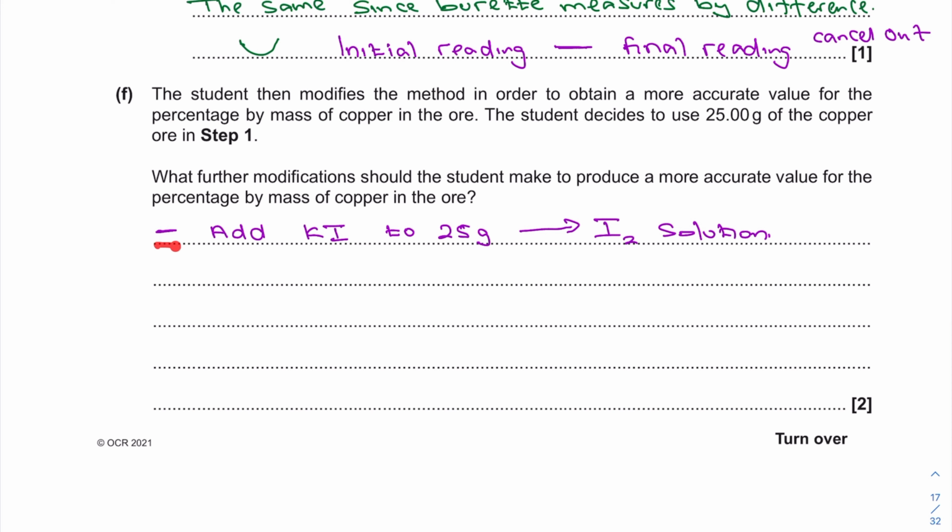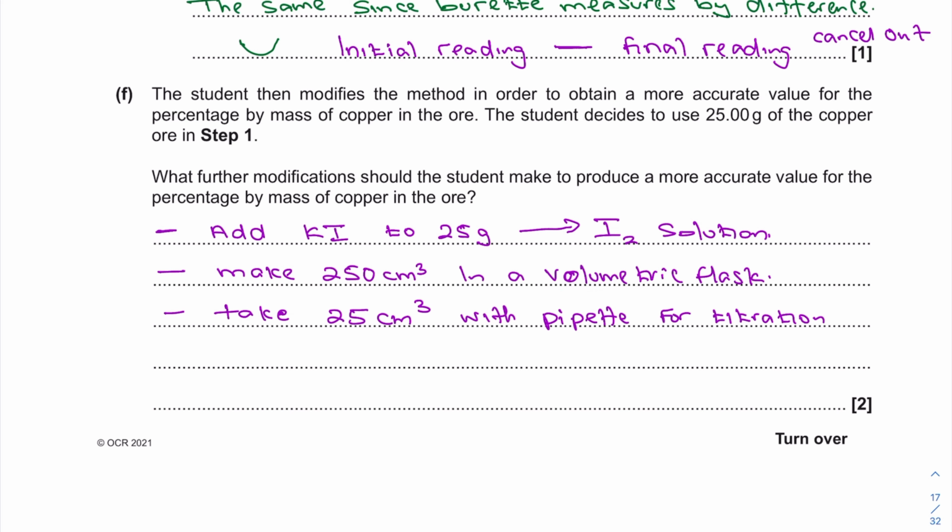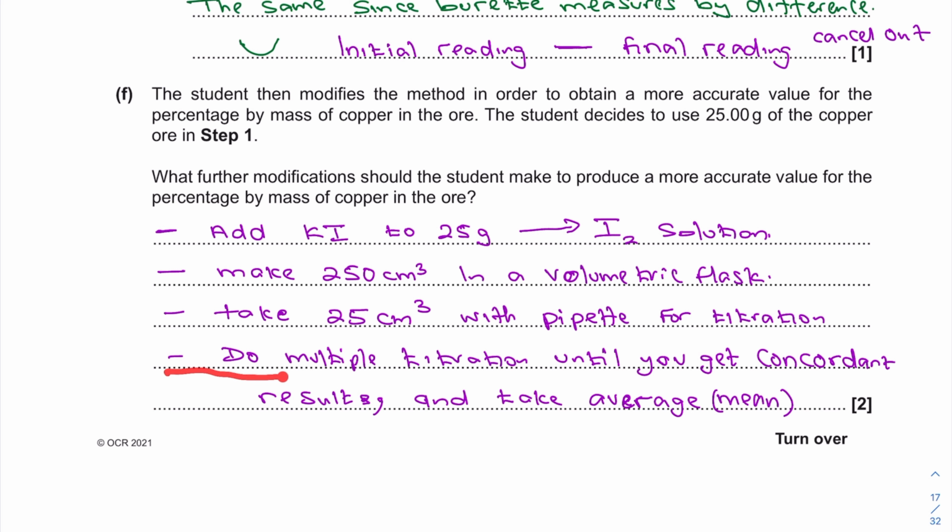Well, add potassium iodide to the 25 grams, therefore making iodine solution. Make the solution up to 250 centimeters cubed in a volumetric flask. Then you take 25 centimeters cubed with a pipette for titration. Do multiple titrations until you get concordant results, the same result, and take the average mean.